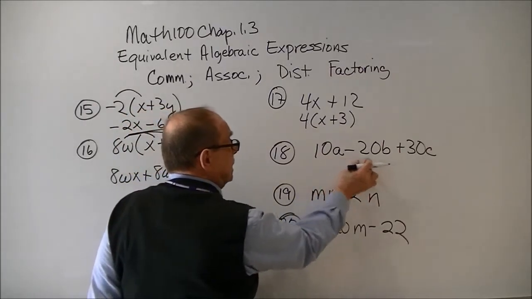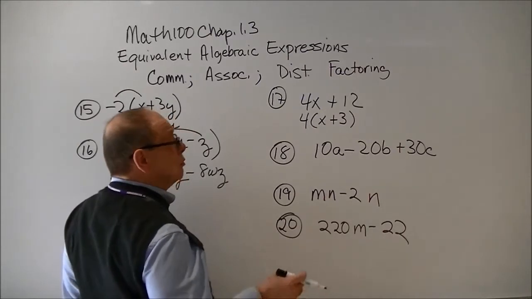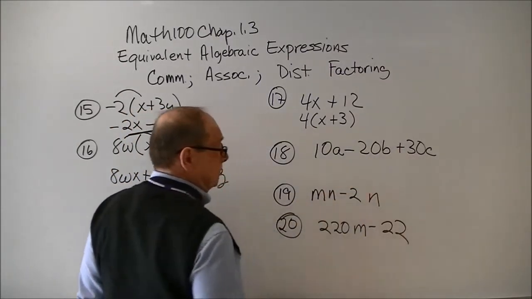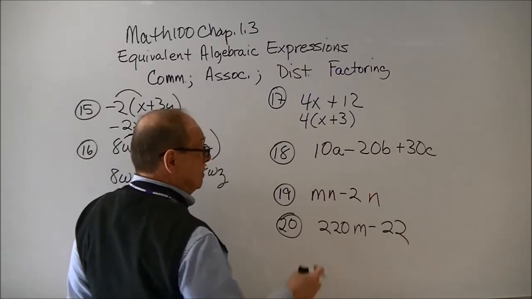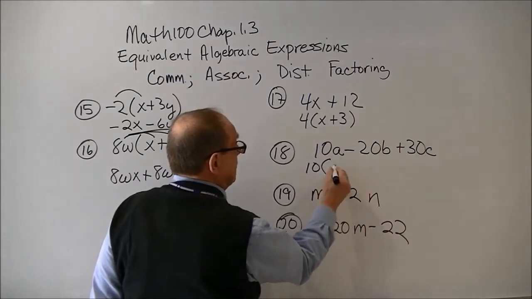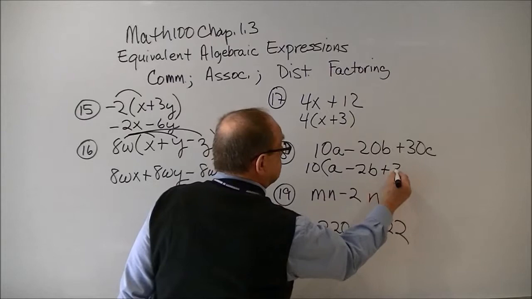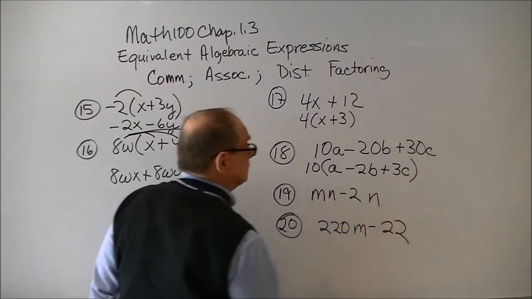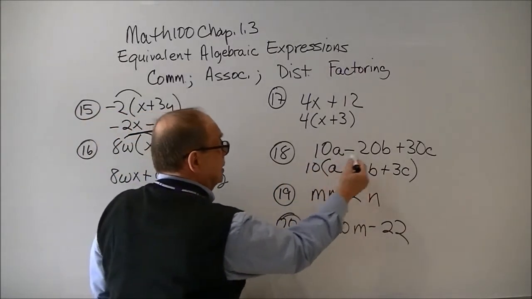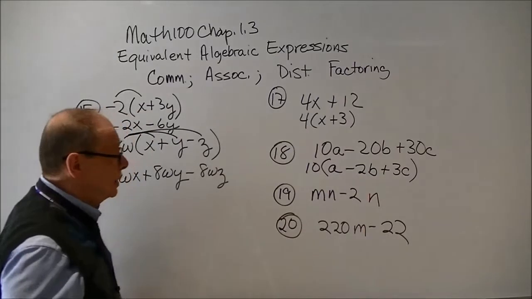Now notice you could take a 2 out of each one, but that wouldn't be the greatest common factor. You could take a 5 out of each one. But the greatest common factor out of each one is 10. Leaves you with an A. And you can always check by reversing what you've done to see if you get what you started with.